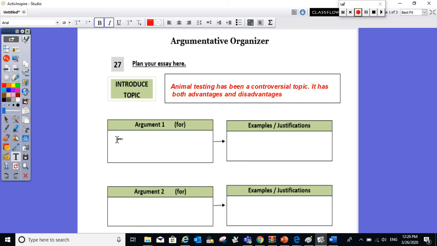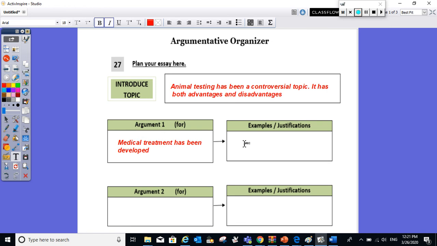Argument number one. As you can see in the planner here, the argument number one should be for, which means the positive side. We can say that it is good for developing the medical treatment. So you can write down here, medical treatment has been developed. Develop means it becomes better and better, the medical treatment, the medicines.